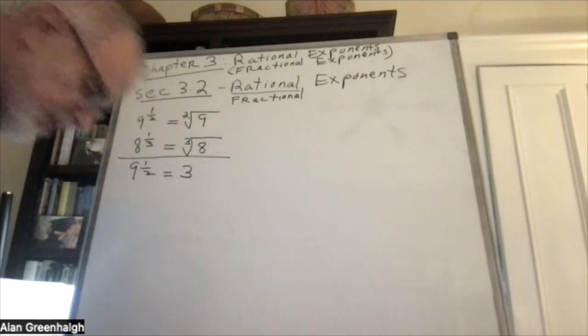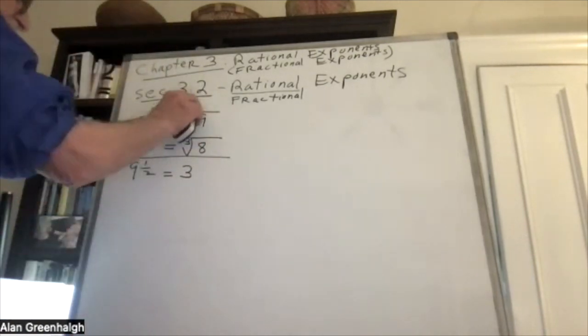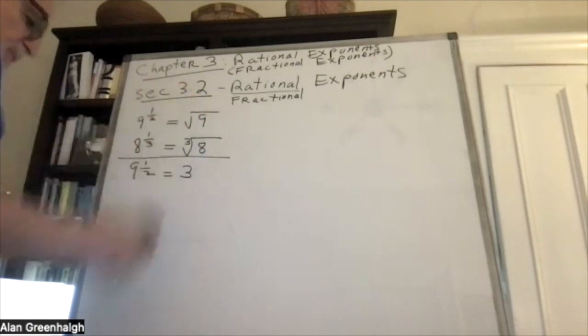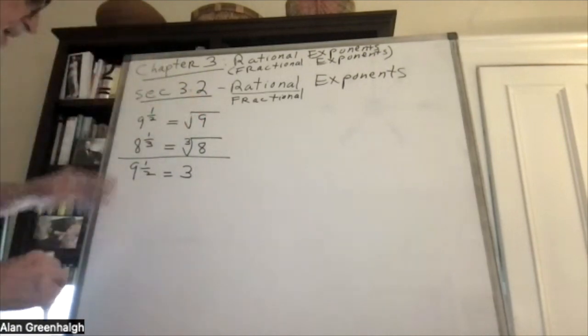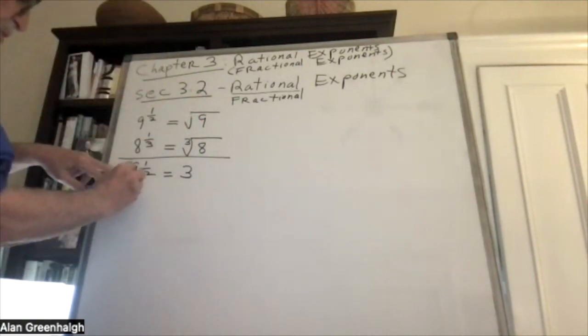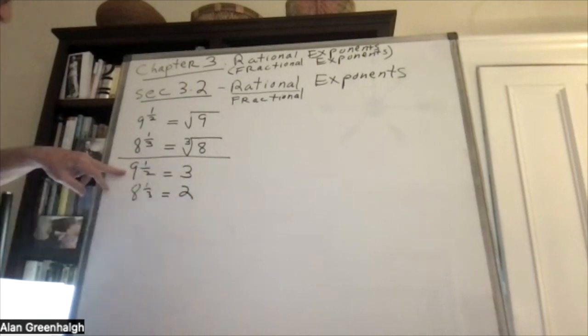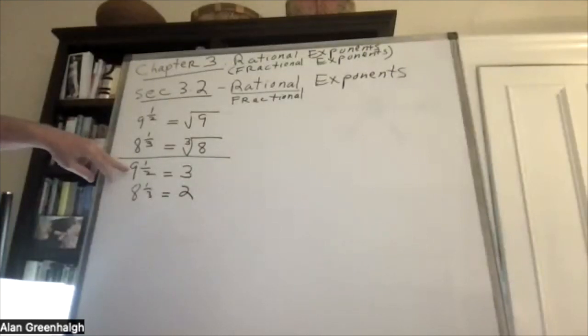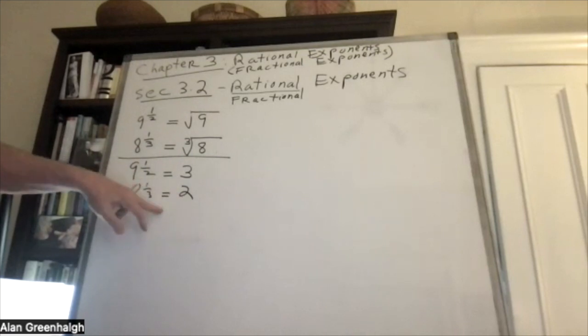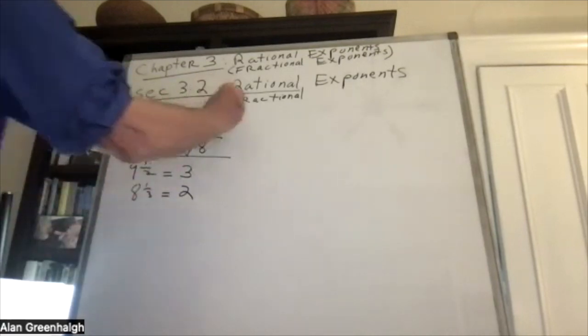And when you write the square root of 9, you don't really need this 2, as you know. This 2 does not have to be there. 8 to the 1/3 will equal 2, because the square root of 9 is 3, so 3 times 3 is 9, and 2 times 2 times 2 is 8.